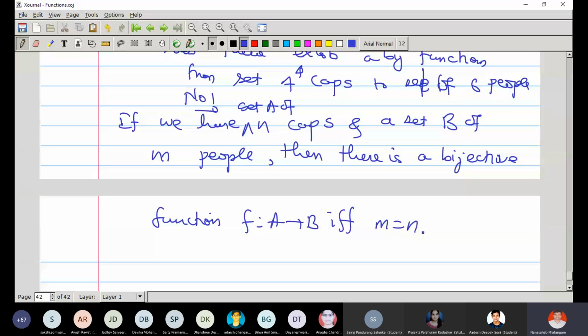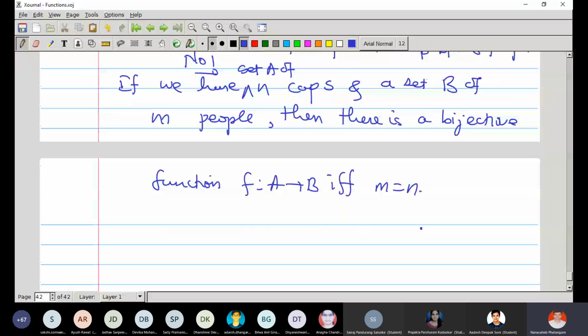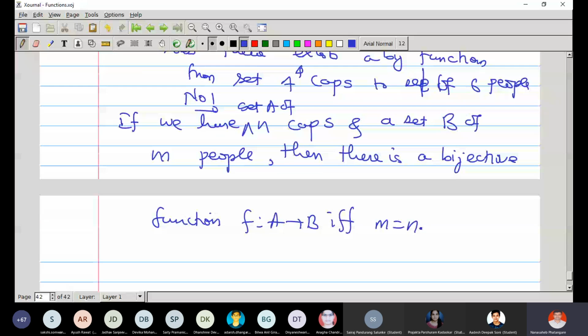If m is equal to n, no doubt, I will assign one cap to one person. That is easy. But this is possible only if the number of caps and the number of people is the same.